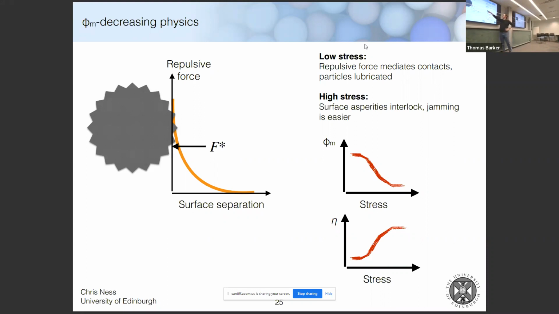So that means that the maximum packing that can be achieved will decrease as a function of stress, because as the stress goes up, they start to interlock and it becomes easier for the system to jam. So if phi m is shifting to the left, that means that the viscosity is going up. So we're forced to have a suspension viscosity which increases as a function of stress. So that's what we call shear thickening.